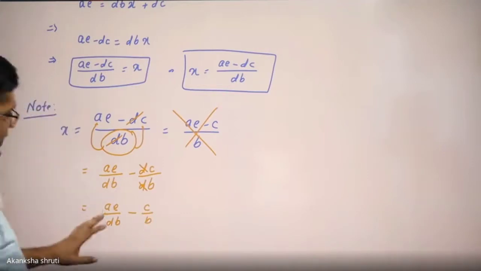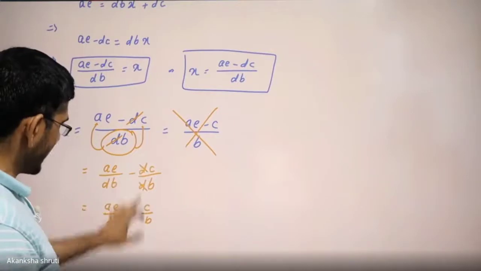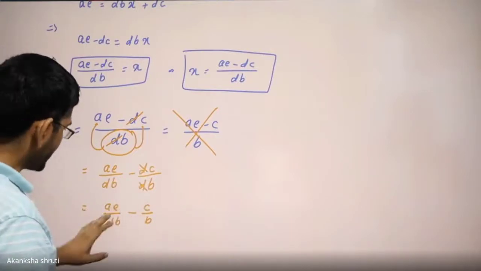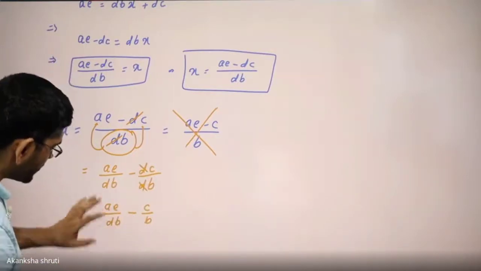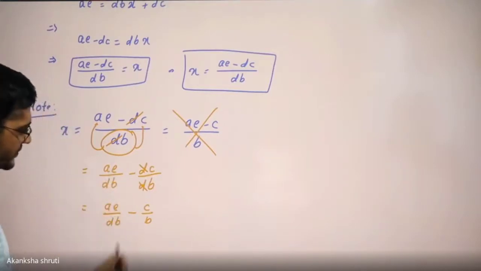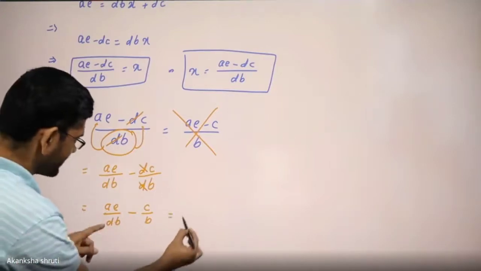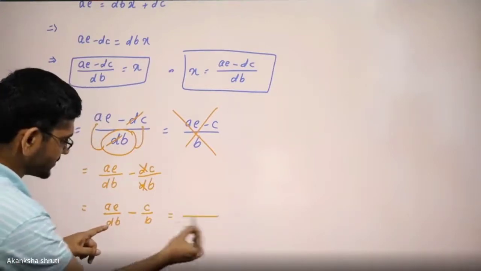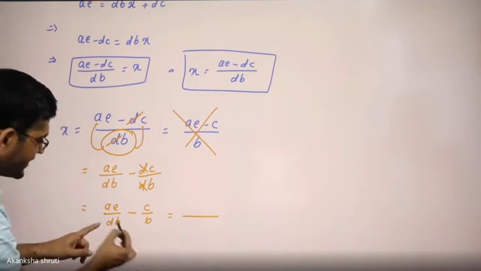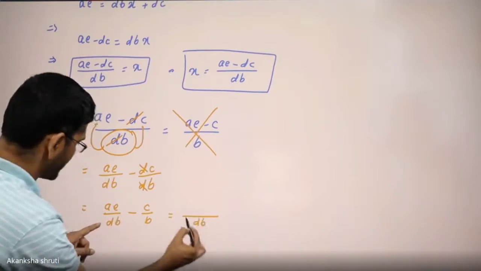So you may write this as separate fractions, and at that time you can cancel this way. But again, if you want to have the common denominator for both of these ratios, then it should again be the same DB, because this common denominator must be divisible by each of these denominators, and it is our DB.